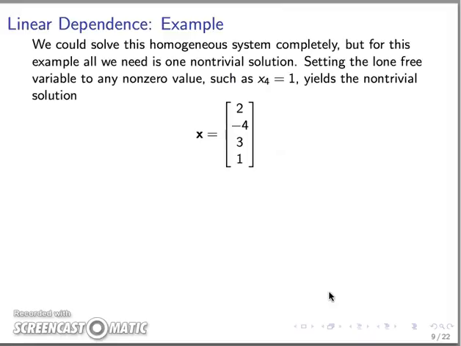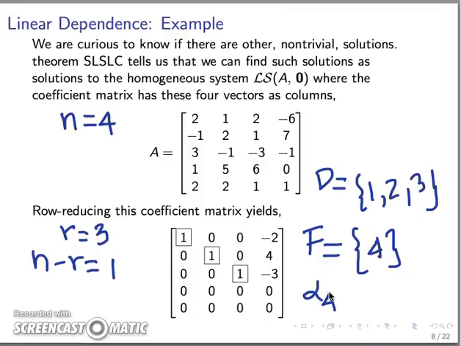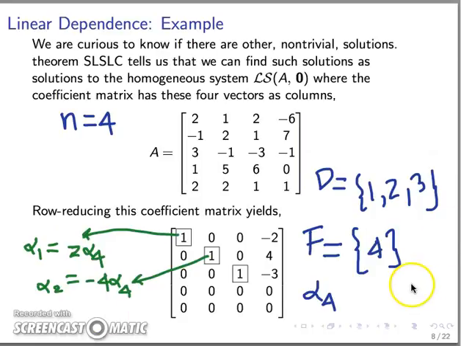And if we set the information we gain from here, so given that alpha 4 is considered here the free variable, then the RREF would tell us, remember, we're thinking of this as a homogeneous system, so we set this equal to 0, and so we would have 1 alpha 1 plus 0 alpha 2 plus 0 alpha 3 minus 2 alpha 4 equals 0, and so therefore we can solve for alpha 1 in terms of alpha 4.